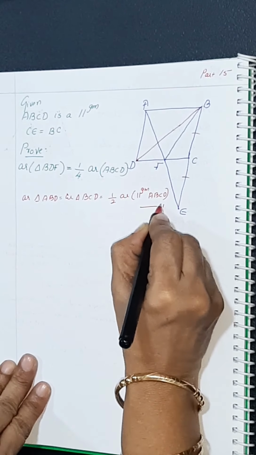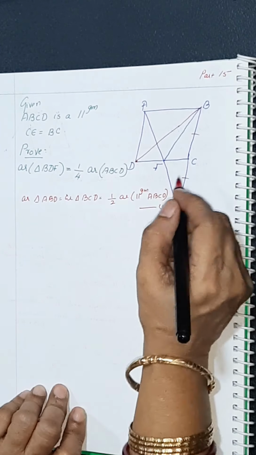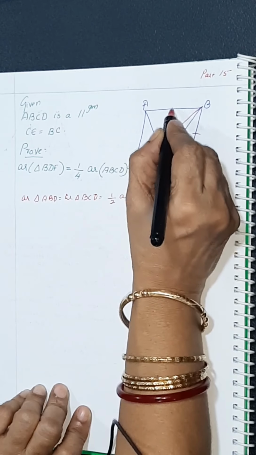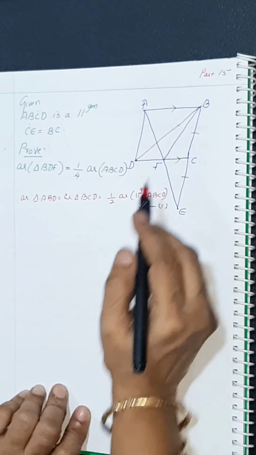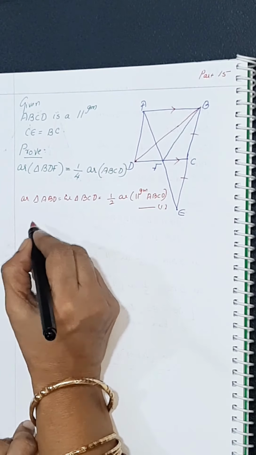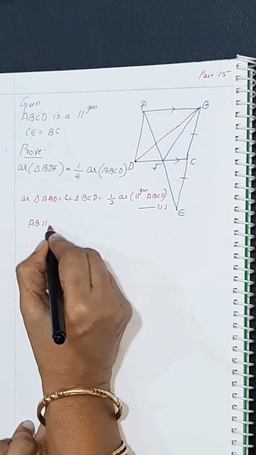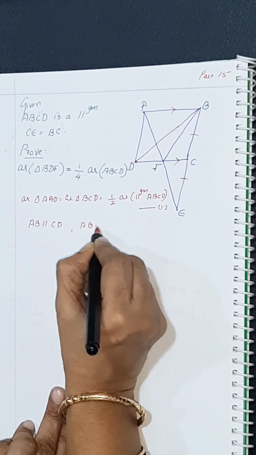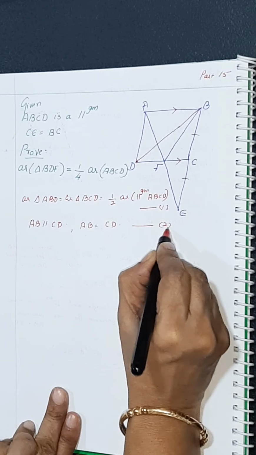Let this be equation 1. Now AB and CD will be parallel, because in a parallelogram the opposite sides are parallel and equal. So AB is parallel to CD and AB is equal to CD. This is equation 2.